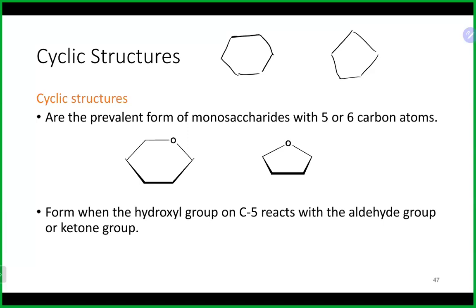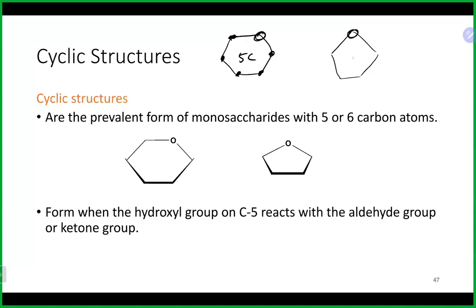The difference though is when this monosaccharide closes up on itself, because it has a bunch of OHs, we actually insert an oxygen in place of one of those carbons in those rings. And what that gives us is, in the case of the cyclohexane-like ring, we actually only have 5 carbons in this ring: 1 carbon, 2 carbons, 3 carbons, 4 carbons, and 5.